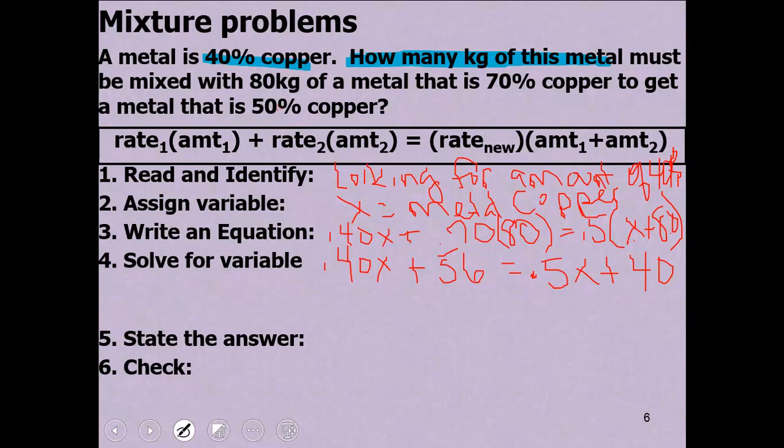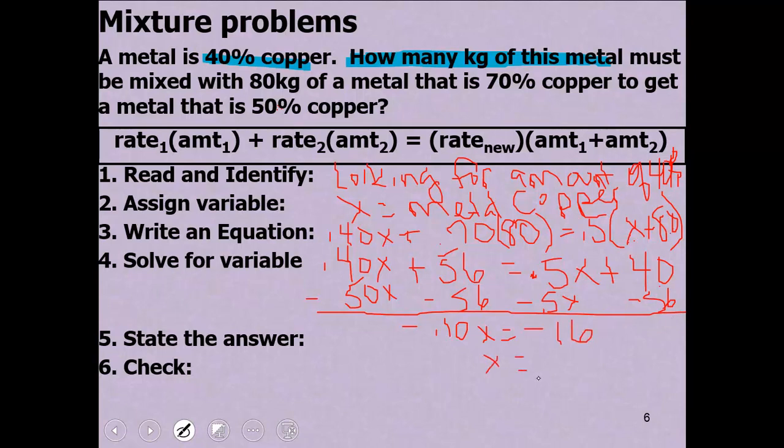So I'm just going to go to the left with them and subtract 0.5x. So I get negative 0.10x is equal to, and then I'm going to subtract 56, negative 16. So x is going to equal 160 kilograms.